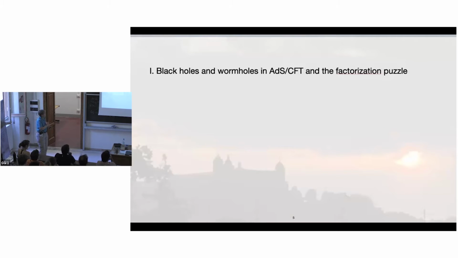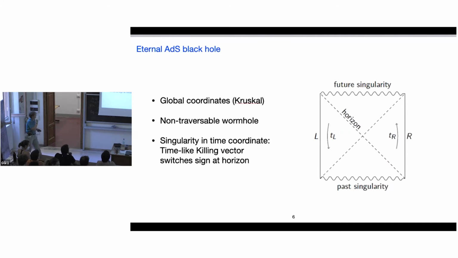Okay, so let me start with the quantum mechanics case. Let me give you a very brief reminder about the geometry that we're going to consider. So we consider an eternal AdS black hole, which I guess is very familiar to everybody here.